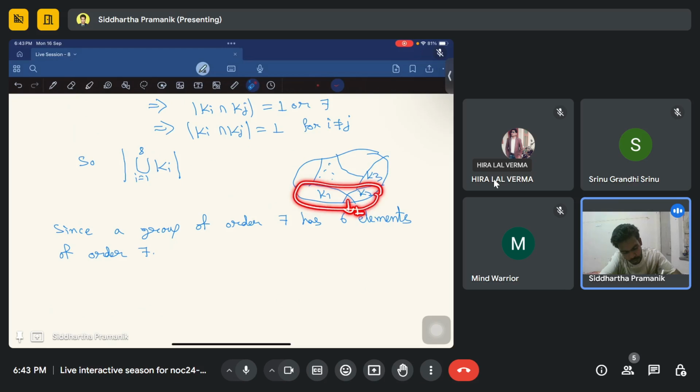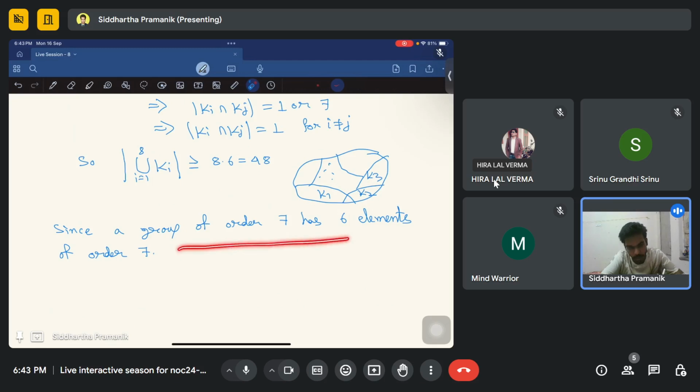So this union has at least 8 times 6, that means 48 elements, because each Ki has 6 elements of order 7, and those 6 elements are unique. So you must have at least 48 elements.